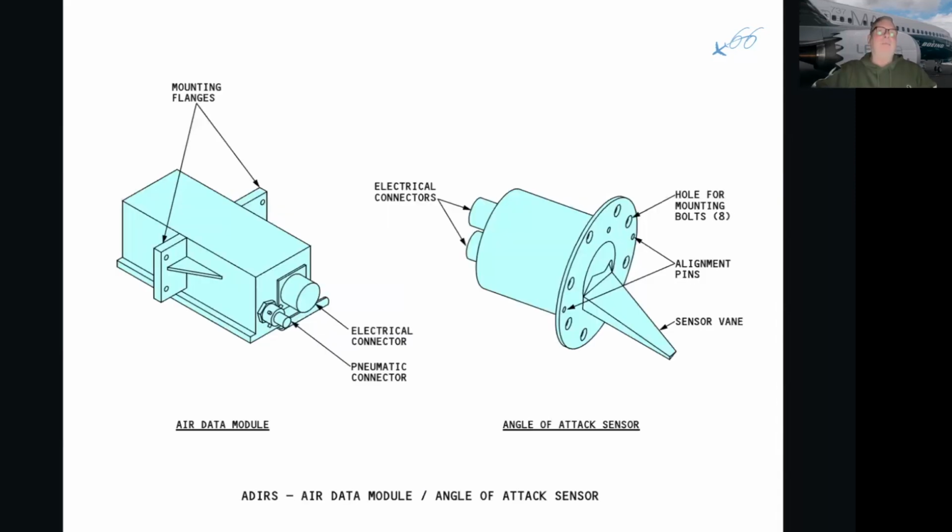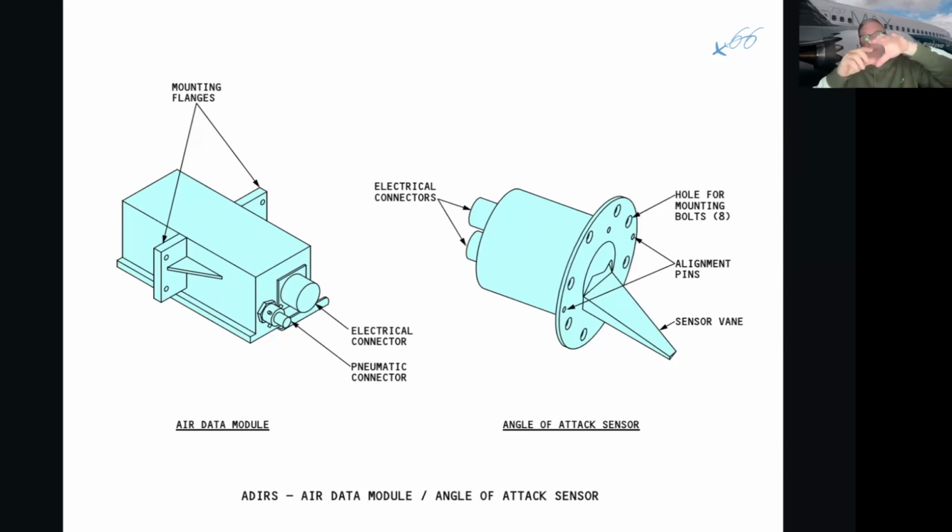This is a typical angle of attack sensor. All right, the electrical connectors take the information, the angular displacement. So in here you'll have a sort of synchro mechanism where over 360 degrees you have a coil, a pickup coil, and another circular coil over 360 degrees.